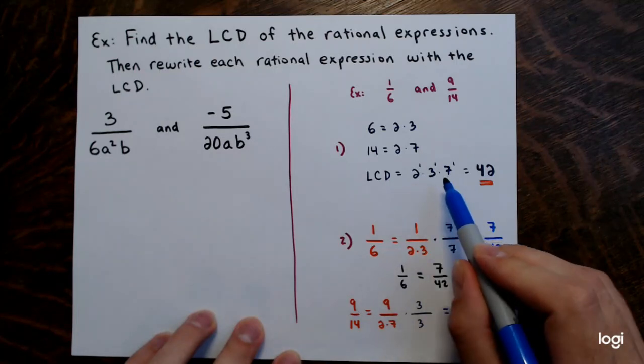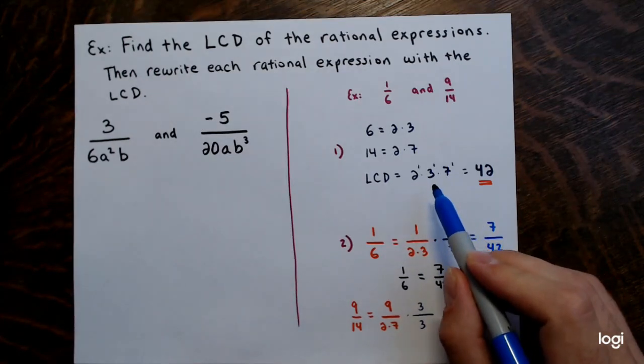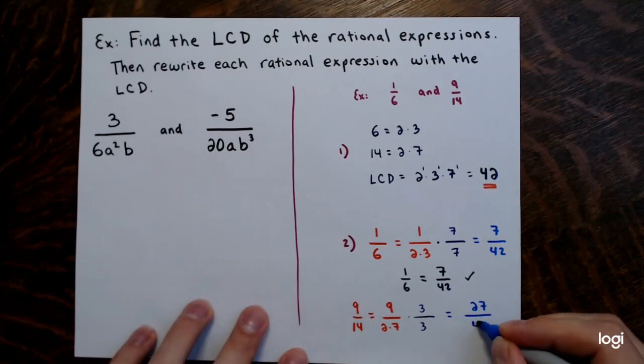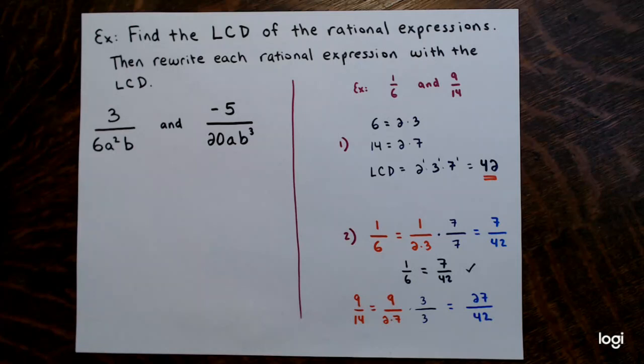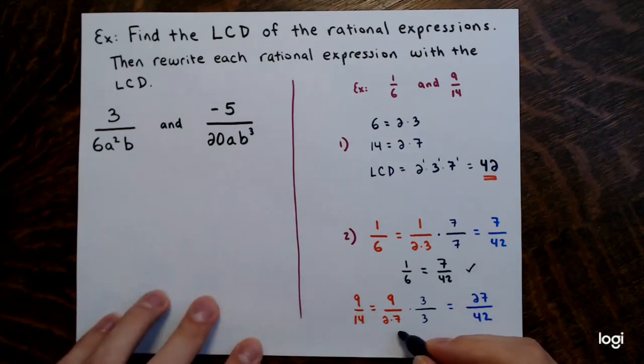It doesn't matter what order the factors come in. You'll get the same product of 42. And there is the equivalent of the original. So 9/14 is equivalent to 27 over 42.